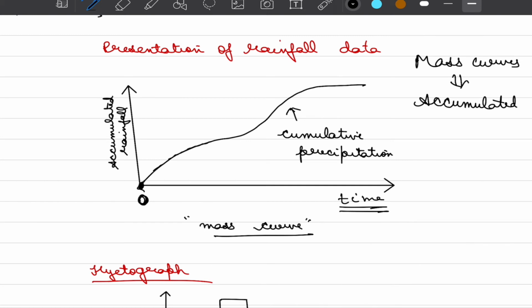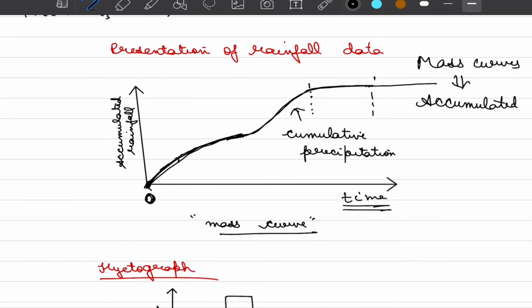As the storm passes, we will have some accumulation happening, that is, the total would be T1 plus T2 plus T3, the amount of precipitation that has happened at T1 and T2 and T3. And then when there is a sort of plateau, when no precipitation happens, we will have a flat line here. But again, it will start increasing as another storm comes. And finally, when the precipitation event ceases or the storm goes away, we will have a flat line going parallel to the x-axis. This is called a mass curve.